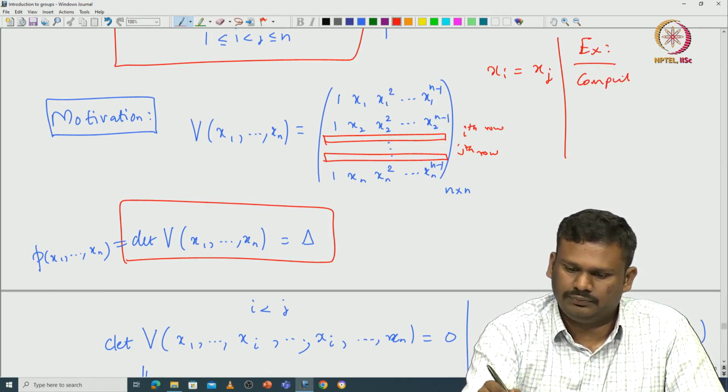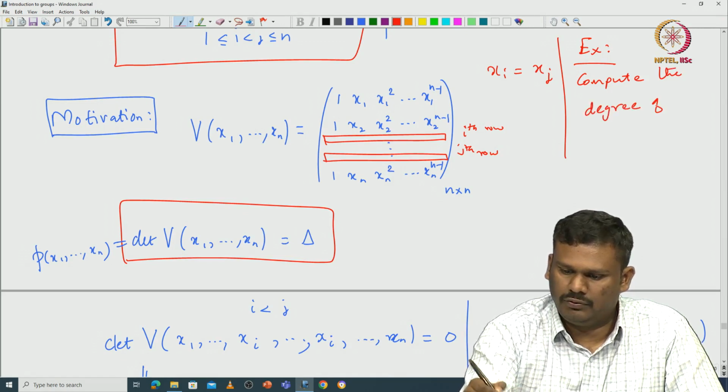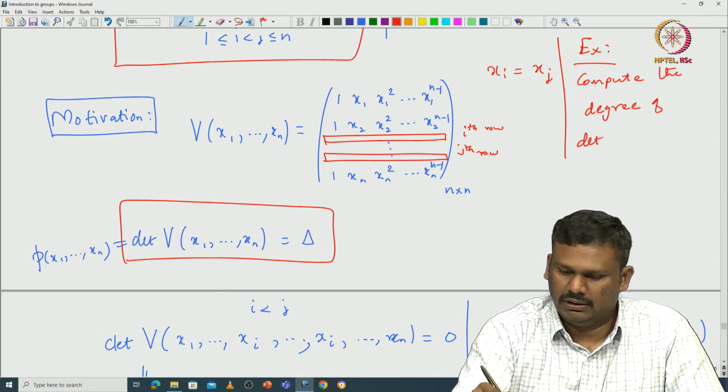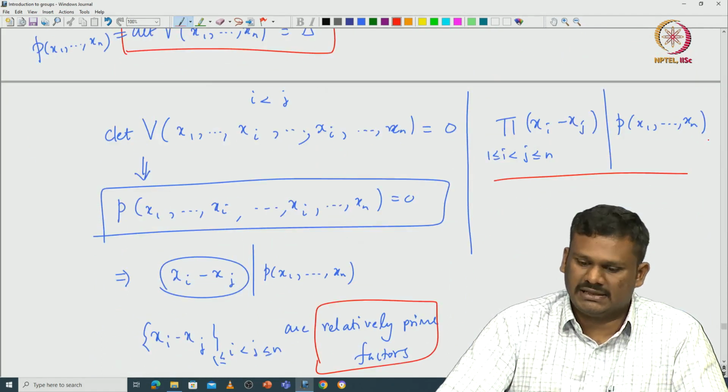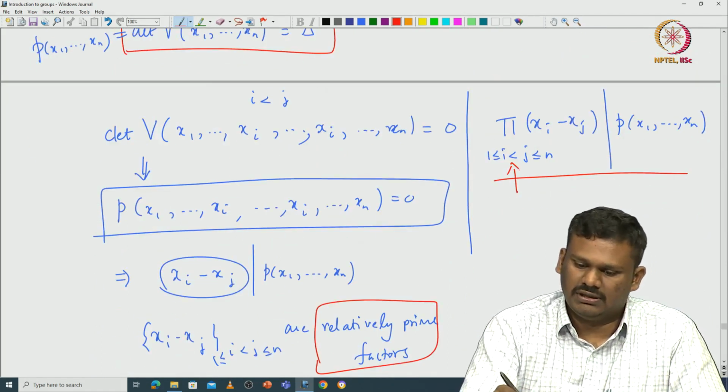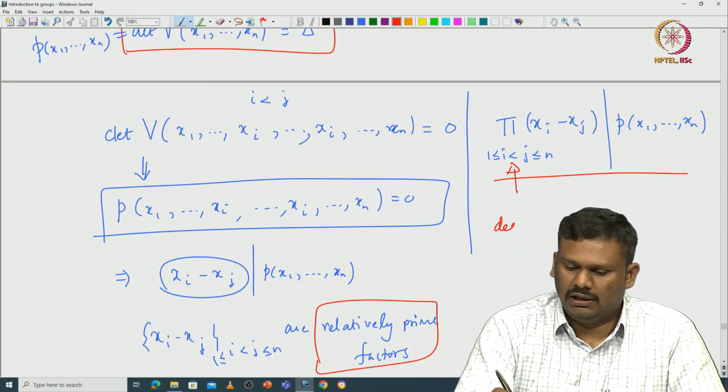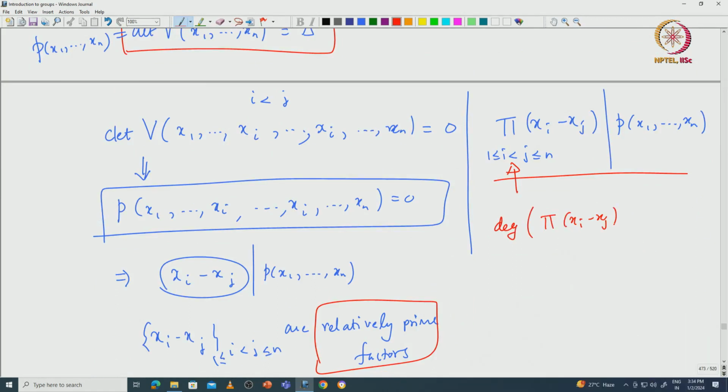Compute the degree of this determinant V of x1 etc. xn. Then you can see that the degree of this product of xi minus xj is going to be exactly equal to the degree of this p of x1 etc. xn.